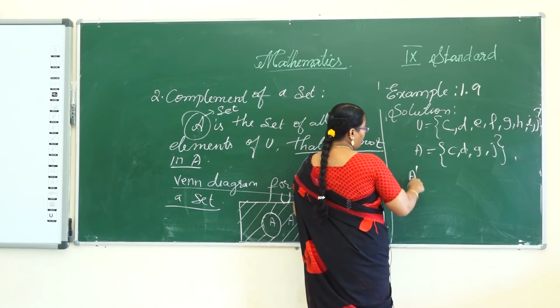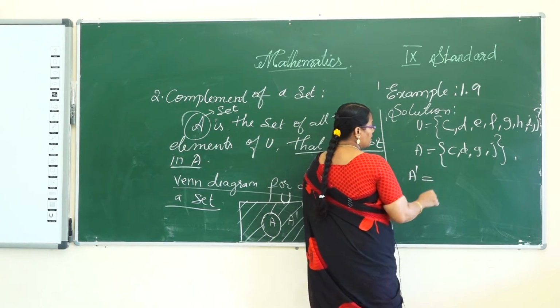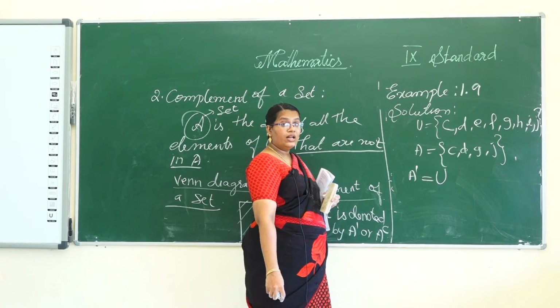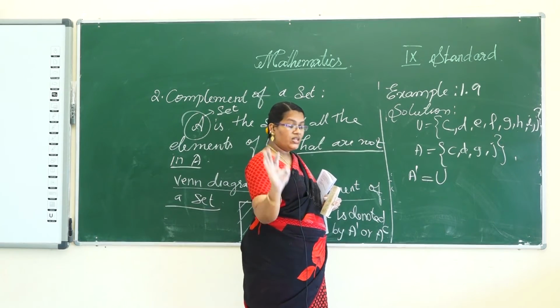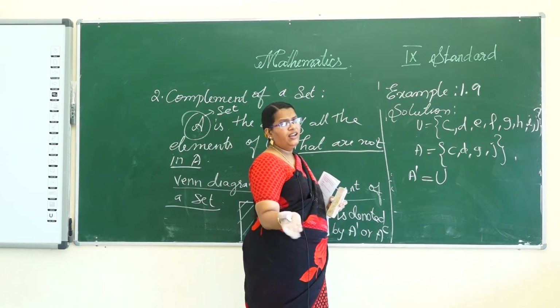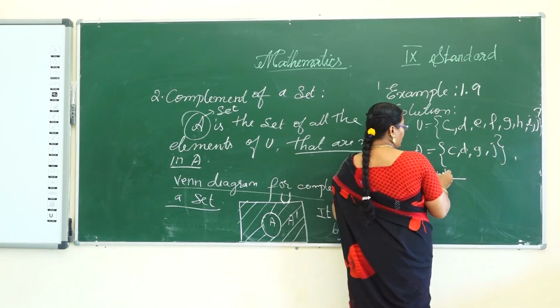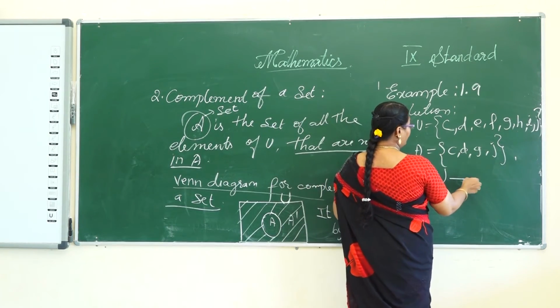So how do you find A dash? A dash means the set of all the elements in the universal set that are not in A. So U minus A, the difference of the universal set and A.